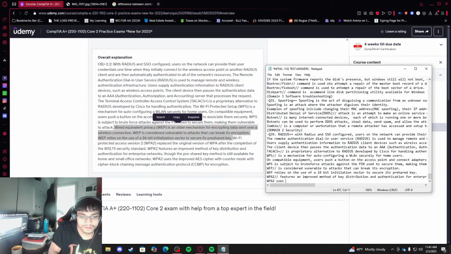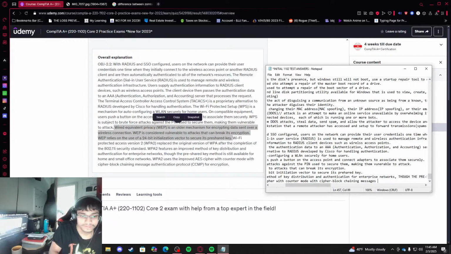WPA2 uses the improved AES cipher with counter mode, cipher block chaining, authentication protocol.